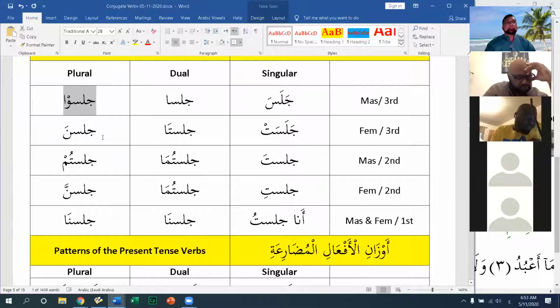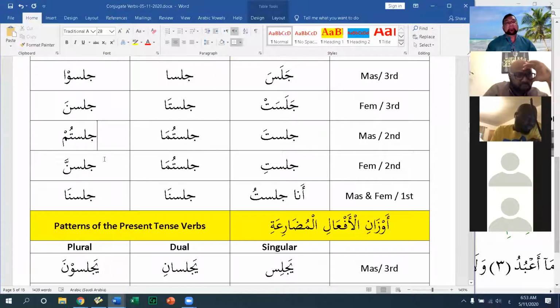Hum jalasu. And then hunna jalasna. That is correct. And then antum jalastum. That is correct. And then antunna jalastunna.